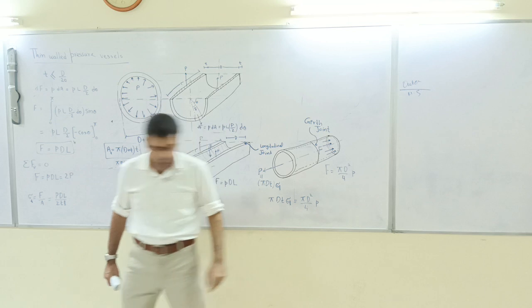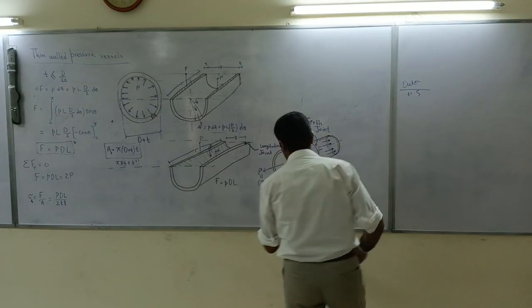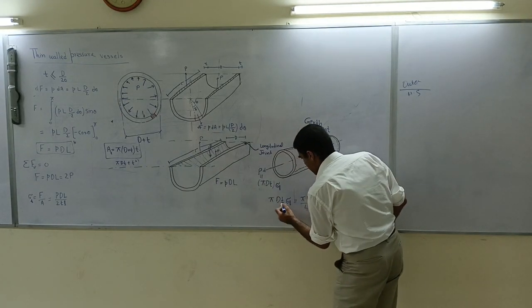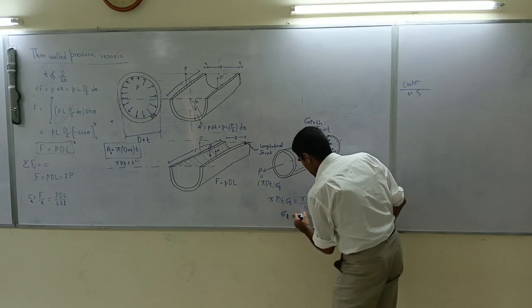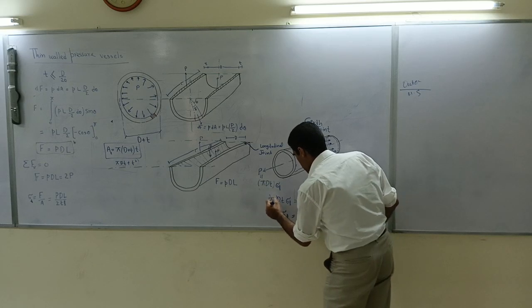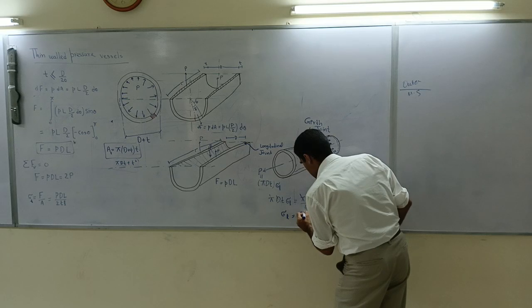And your longitudinal stress is, this d will cancel out with this one. Pi will cancel out with pi.